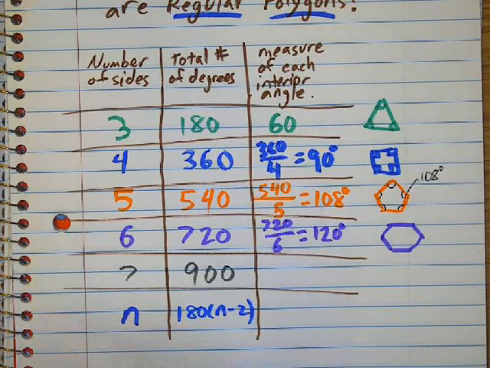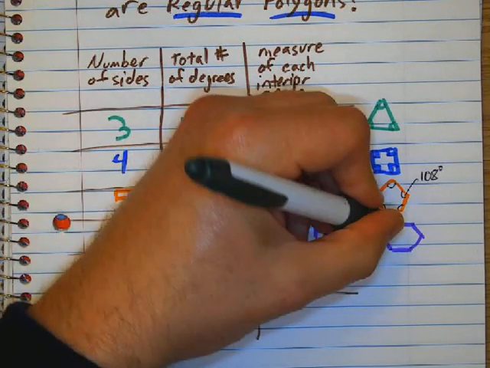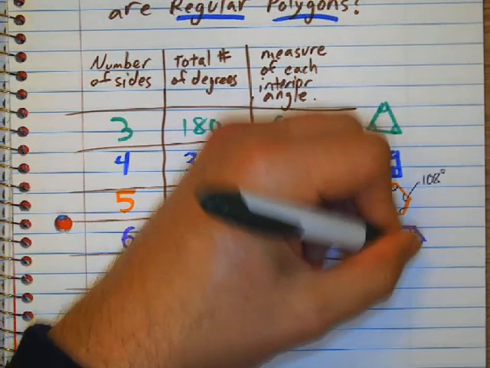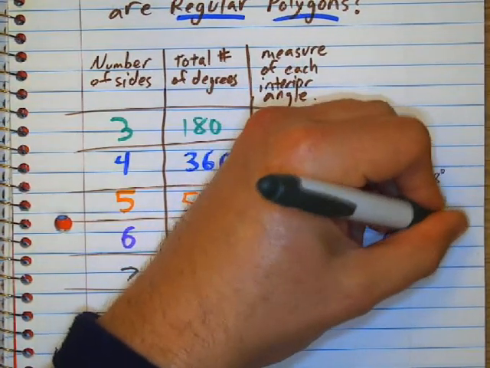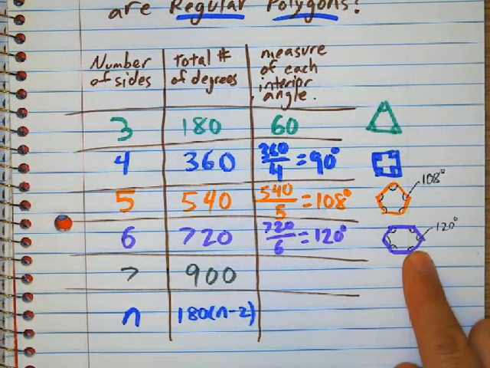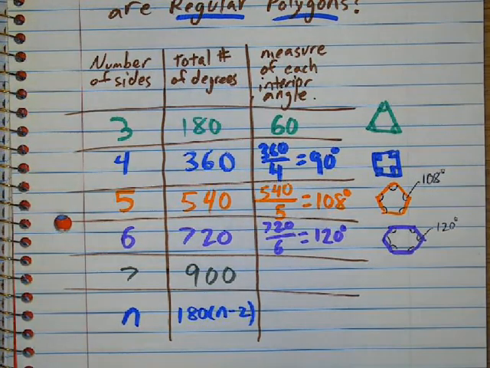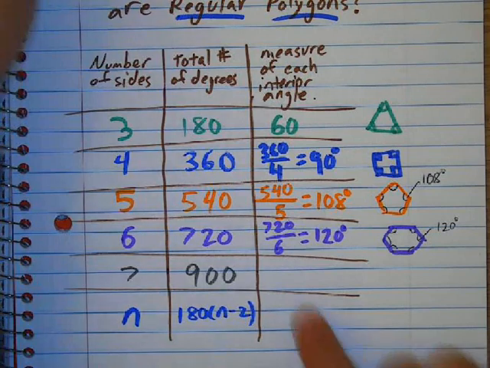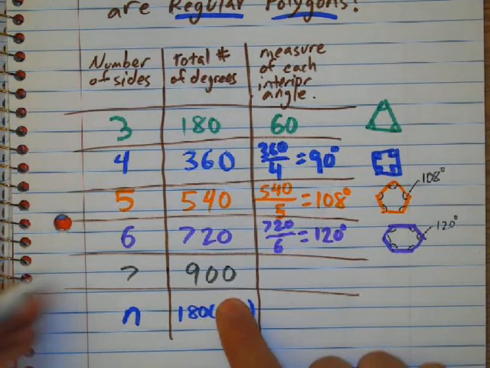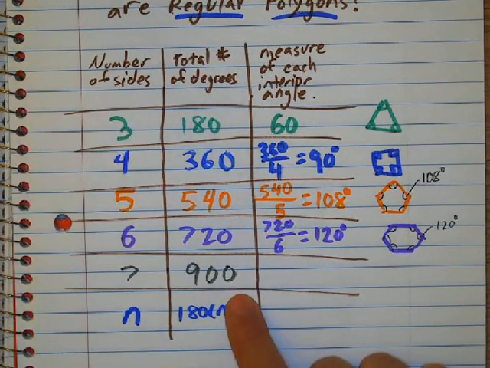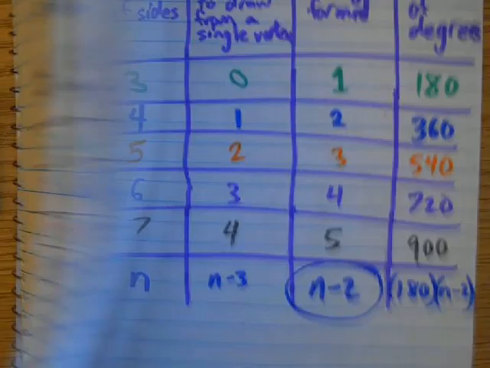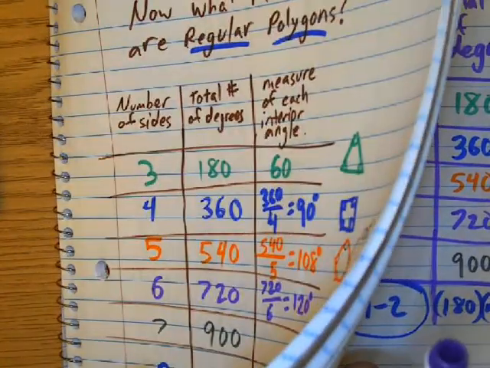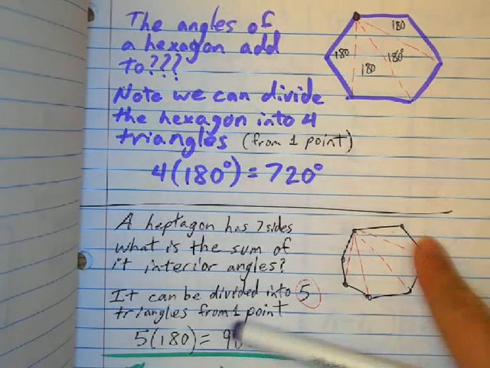You can see they're obtuse angles. And the total number of degrees of the heptagon was 900 degrees, right? All of these angles together add up to 900 degrees.